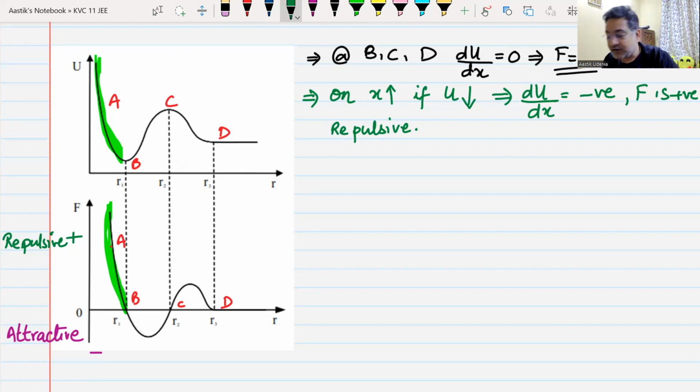I told you many times, many months ago, about the slope of a graph. I don't think you remember it, as expected, but can anyone tell me in which region of the graph we see x increasing and U decreasing?